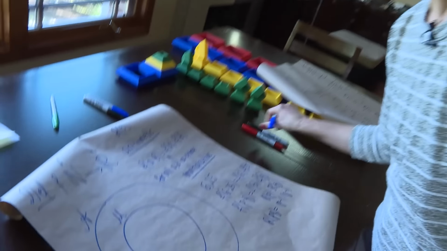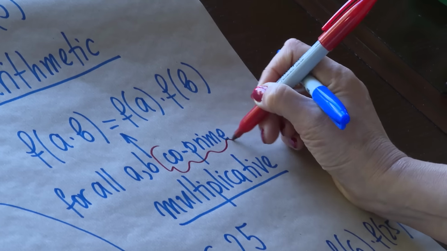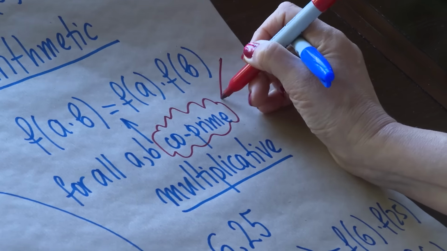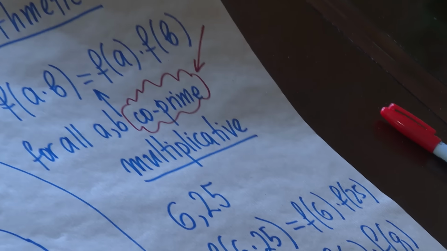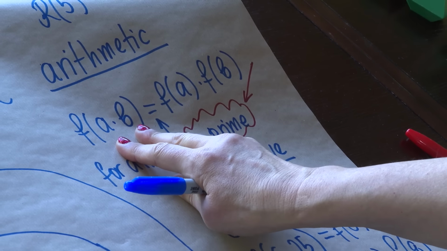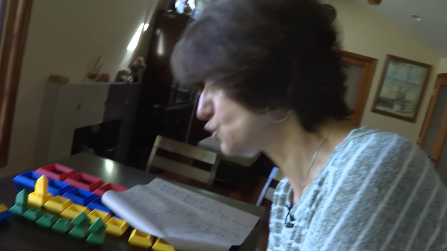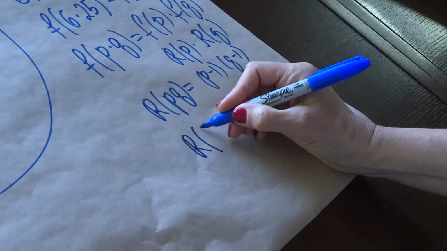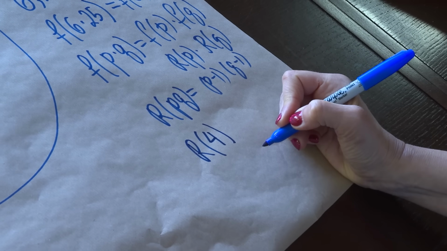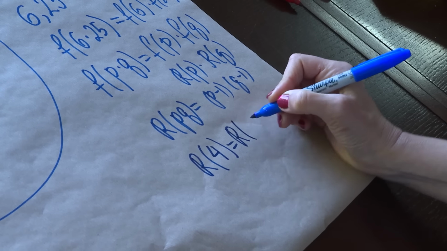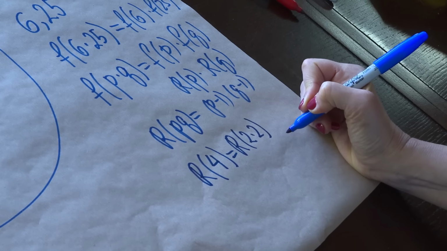Now I have to point out this condition here of being co-prime is super important, because if the two numbers are not relatively prime, this doesn't have to hold. And our Raffle function is doing exactly that. It's defying this rule for, let's say, the number 4. Because the number 4 is equal to 2 times 2.